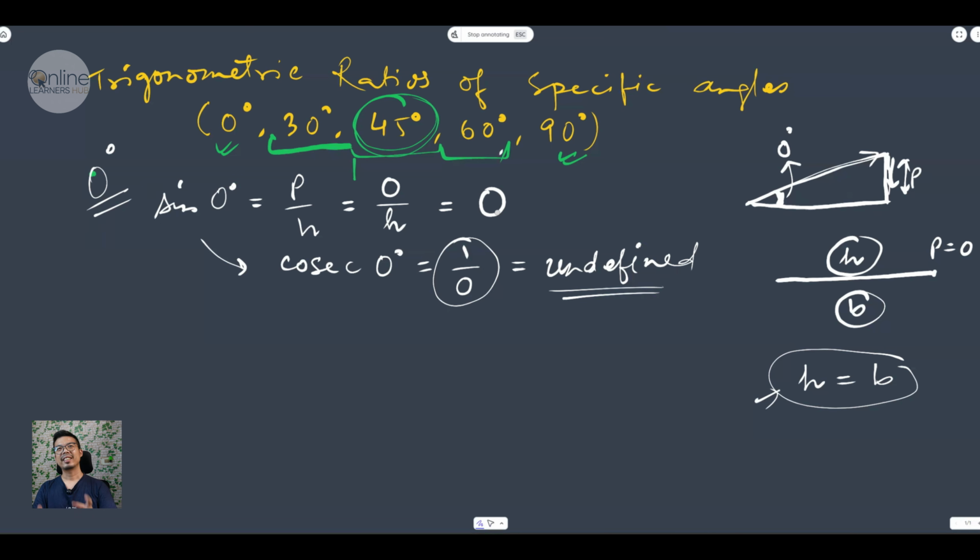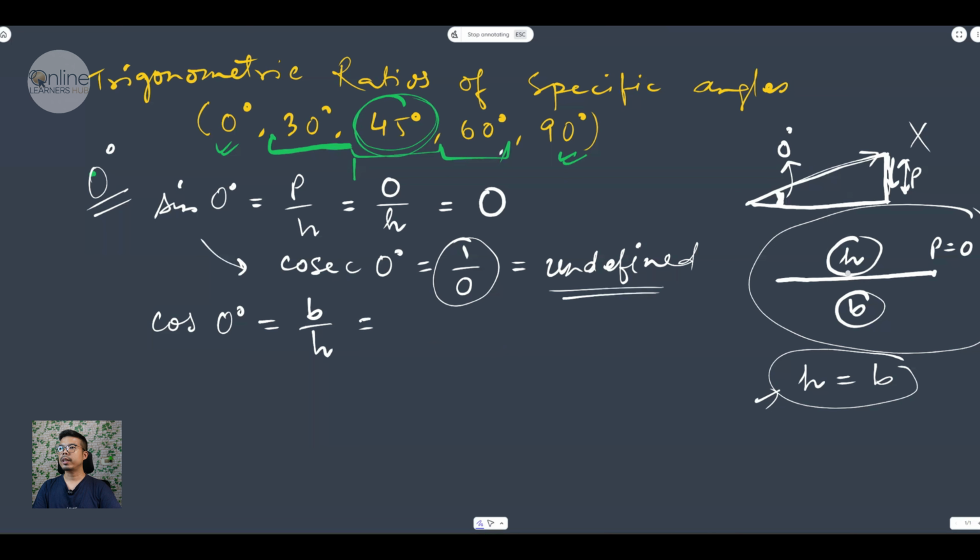All right, so let's go to cos. Cos 0 degree. What will be cos 0 degree? Look at the diagram once again. This is the diagram for 0 degree, not the other one. What is cos? Remember the ratio again: cos is B by H. What is B here?